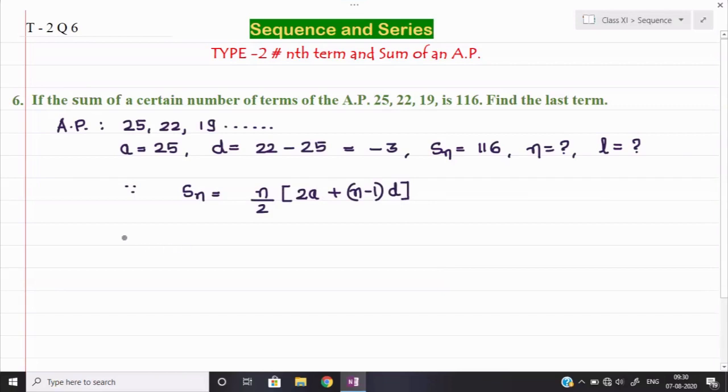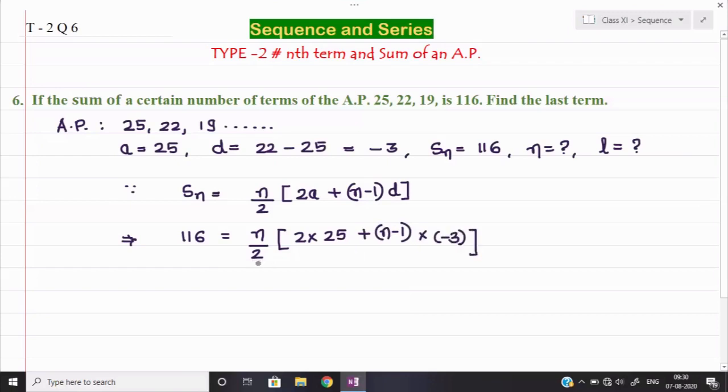So the value of Sn, how much we have been given here? 116 is equal to n upon 2, because the value of n we don't know here, into the bracket 2 into 25 plus n minus 1, and the value of d I am keeping here as minus 3.